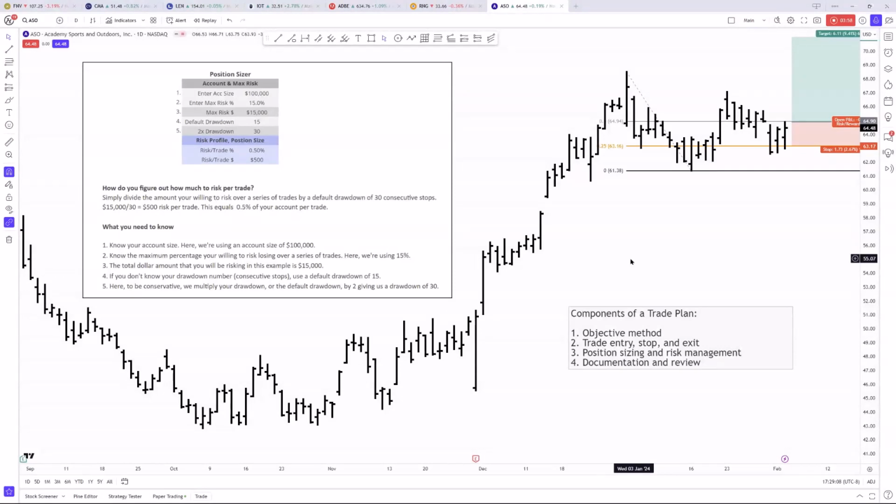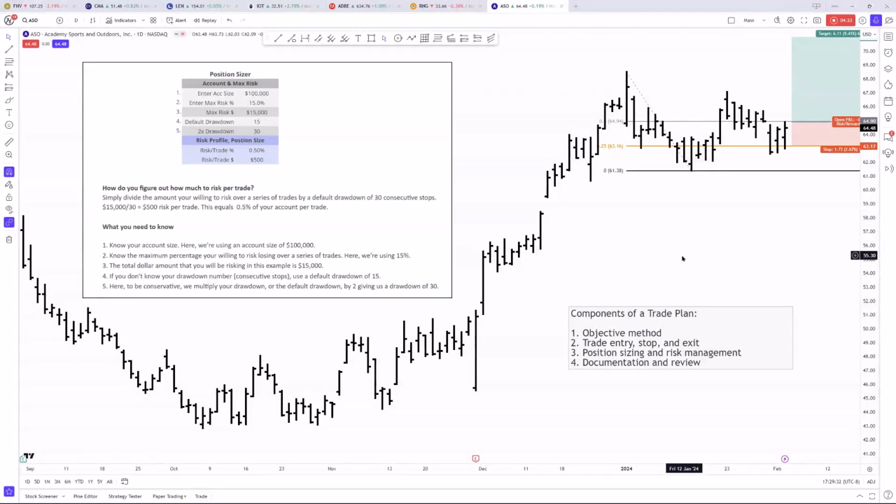These two things, and we can calculate it. When I'm talking drawdown, I mean how many consecutive stops in a row you take. For instance, if this is 1R, one risk unit, one stop, then X amount of stops in a row is going to be my drawdown.